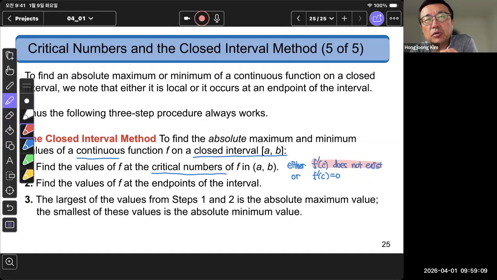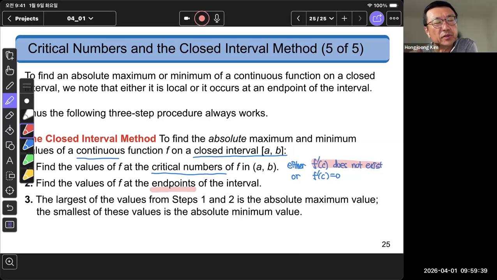So that includes the points where your function is not differentiable. You evaluate the function at those points. If you have several critical numbers, you need to evaluate your function at all of them. And please also find the values of f at the endpoints.